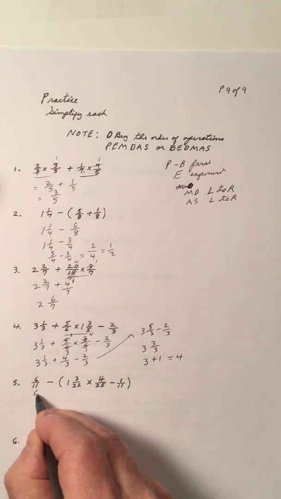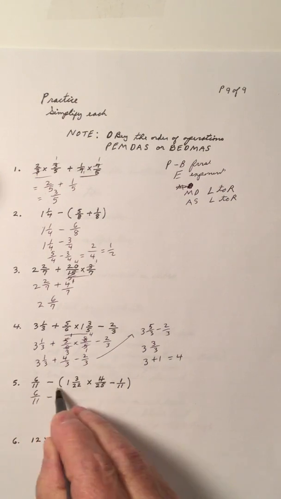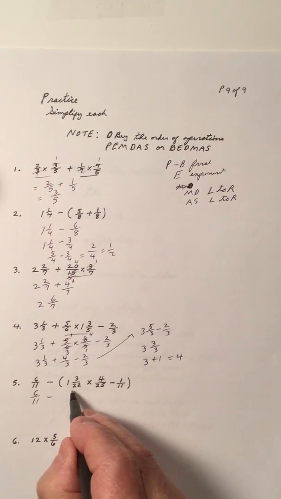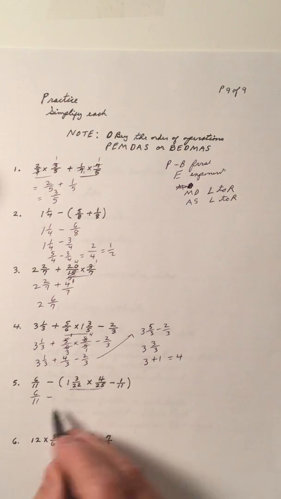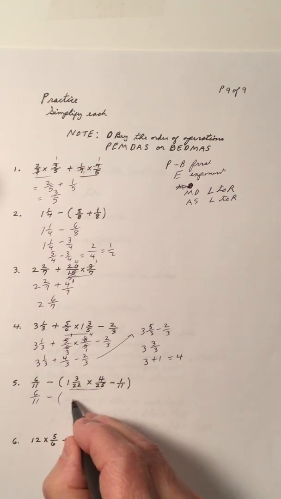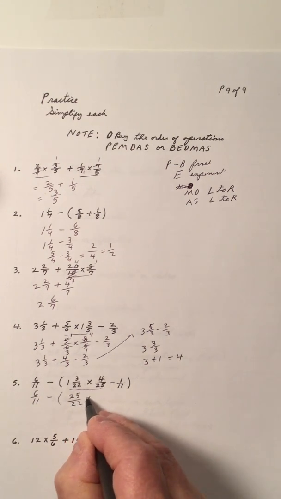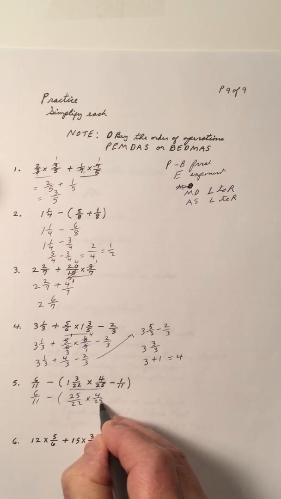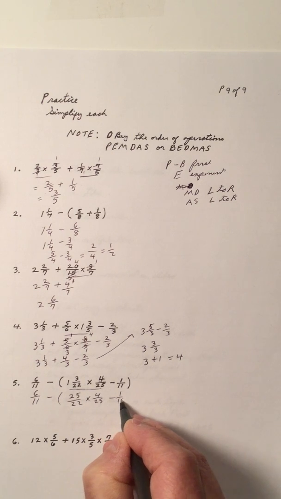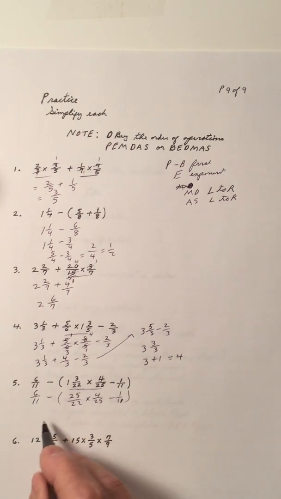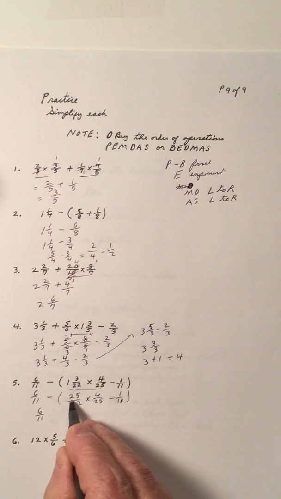Number 5, 6 over 11. I have to work up my bracket first, inside of the bracket. So I have to do this multiplication first. Change it. 22 plus 3 is 25 over 22. Because I'm going to multiply, I will change it to improper. Done. Now I will cancel.